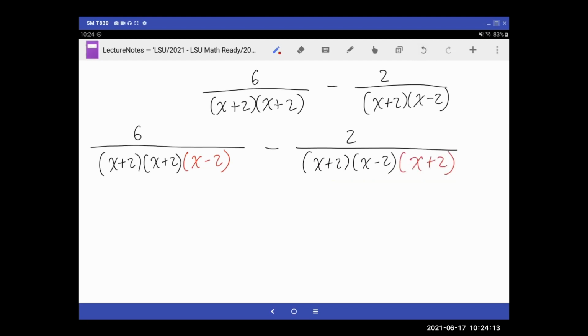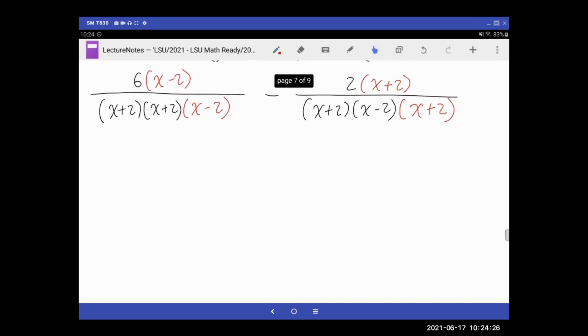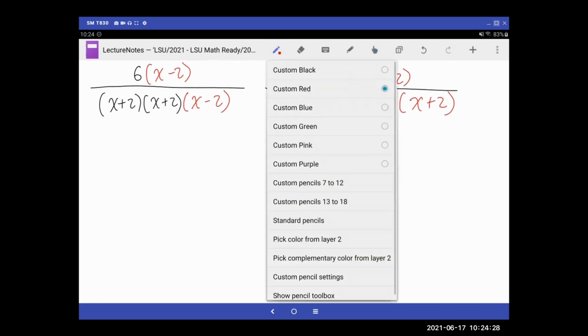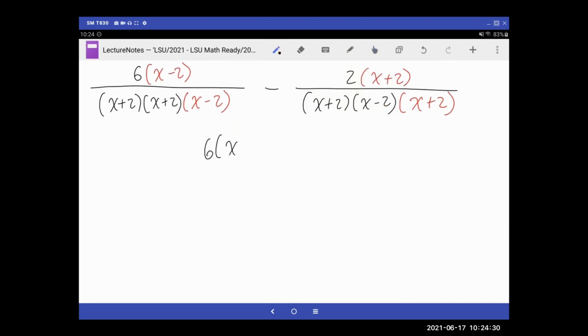Okay, but of course, you can't just put it on the denominator without adding it to the numerator. Okay, there we go. So now from there, let's put it all together as 1 minus 2 times x plus 2, over x plus 2 twice.